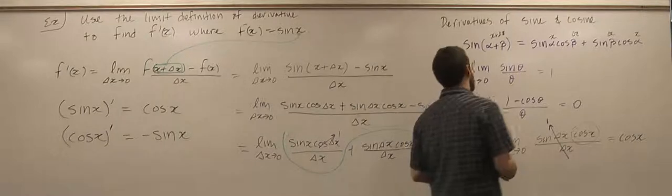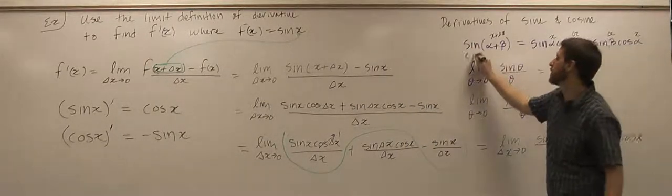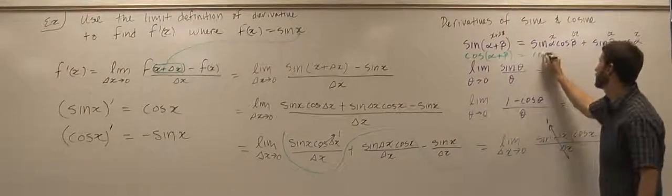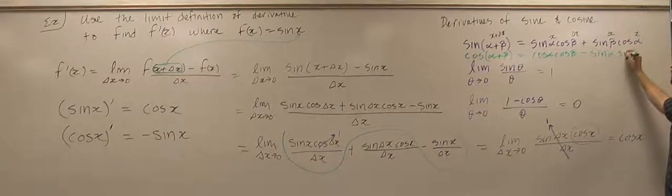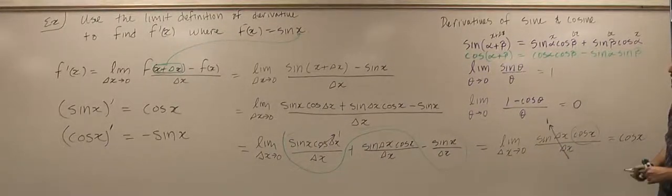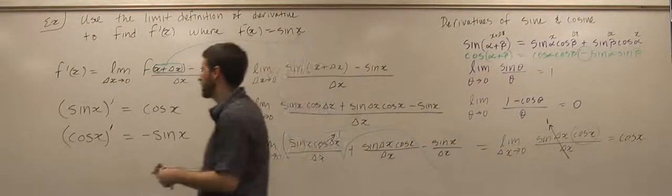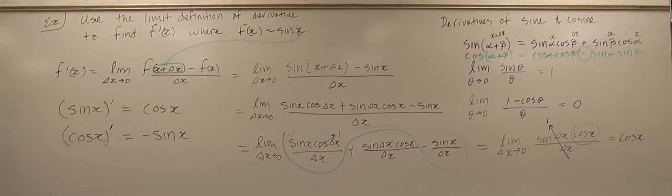Yeah, when you use your cosine formula, there's a minus in it. So this minus here is going to end up giving you a minus in the derivative. A lot of the other stuff works the same, but you get a negative when you do the derivative of cosine.